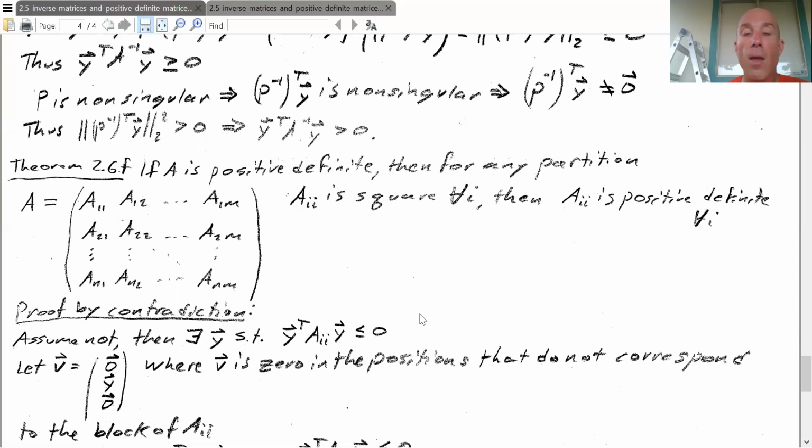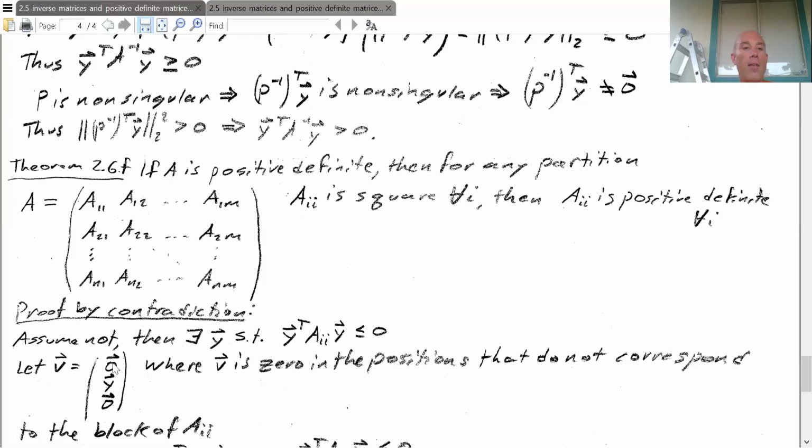Now, the proof of that: we consider the vector that has y in one position. If it's not true, proof by contradiction, I find the vector that gives me 0 or negative when I do y transpose matrix y, and then in the right position I put that vector, and I put 0 everywhere else. And it just goes boom, boom, boom.